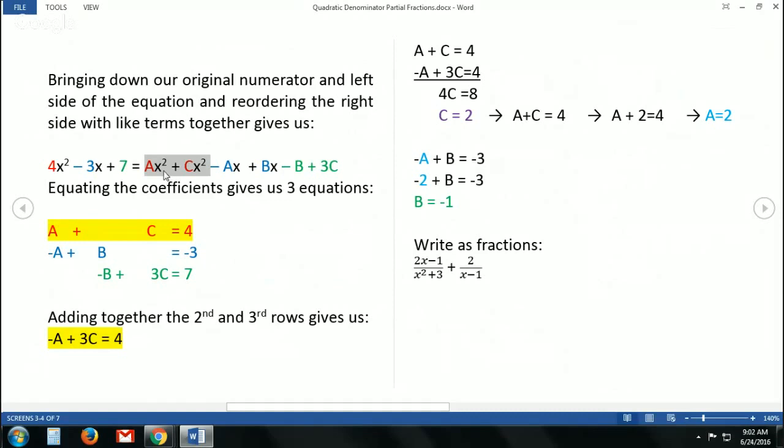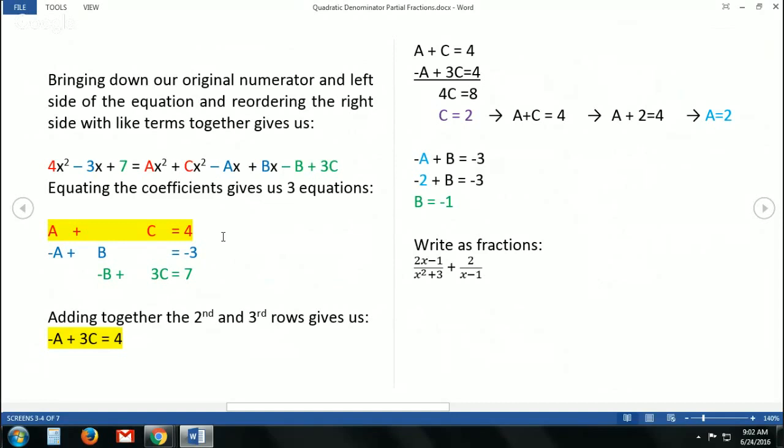Equating those coefficients means that a plus c must equal 4, and that gives us the first of 3 equations that we'll have. A plus c, the coefficients of the x squares, have to add up to be 4, the coefficient of the x squared on the left side. I've highlighted this equation because we're going to need it a little bit later in the problem.